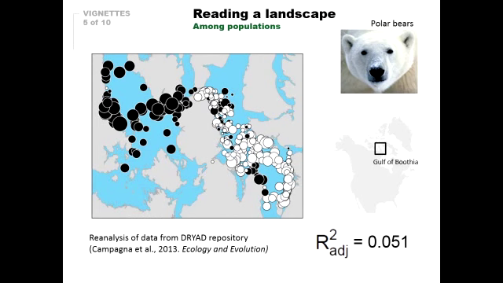So now let's talk about some real populations. Here is me pilfering somebody else's data from Dryad. These are some polar bears, and I'm not sure how many microsatellites are used here. But they're polar bears sampled all across a very large area of Nunavut.